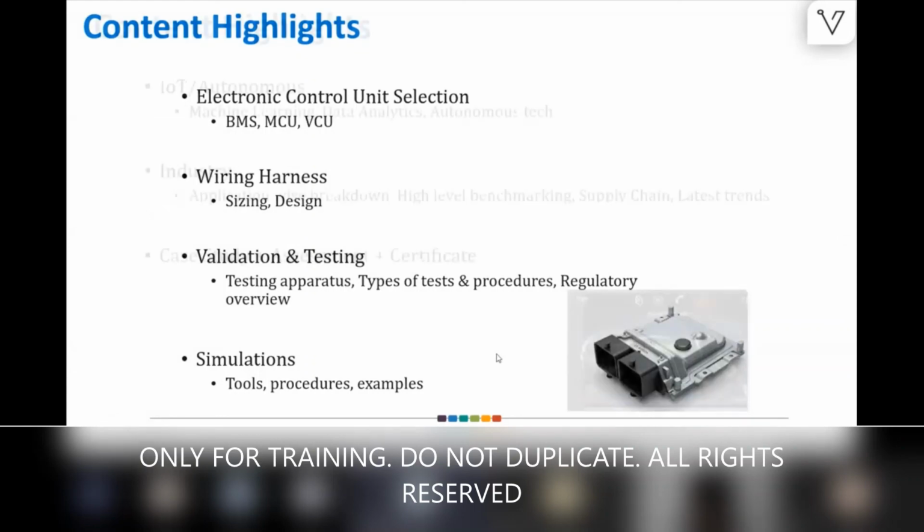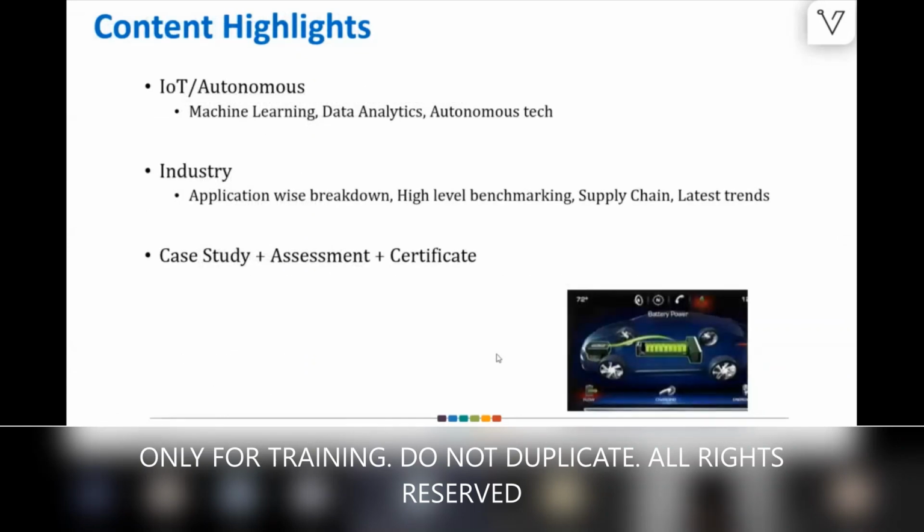Given the current situation, this will be rolled out as an online offering, and we'll also cover some elements of IoT and autonomous technologies, as well as what is happening in the industry. The course will end with a case study, assessment, and a certificate.